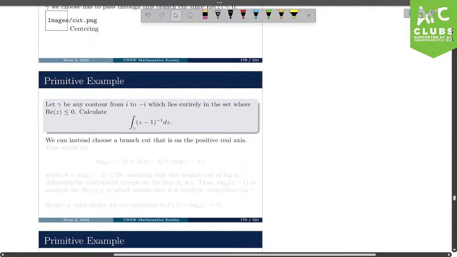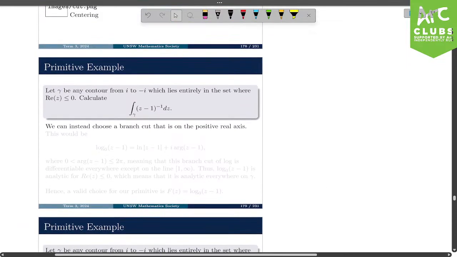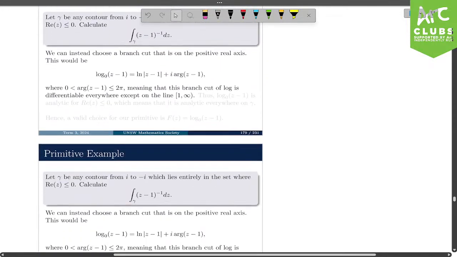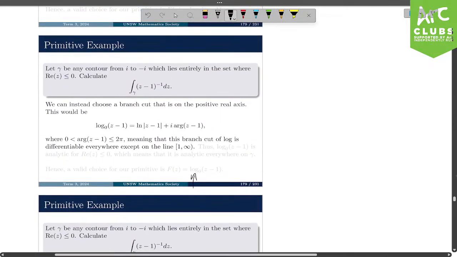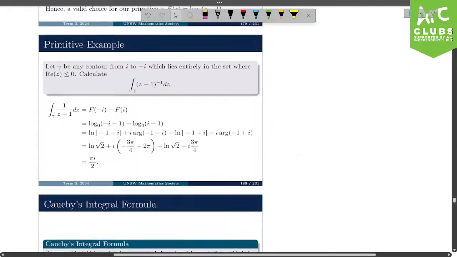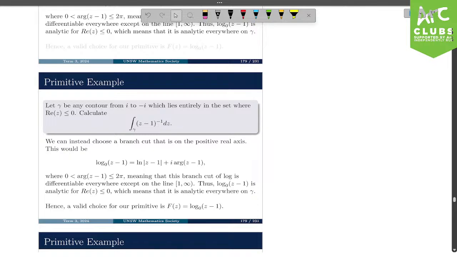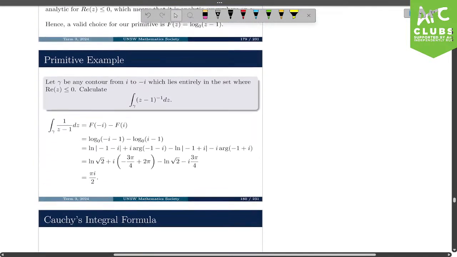Okay? Fantastic. So we understood there is a log function, which we can take for a primitive and therefore determine the value.